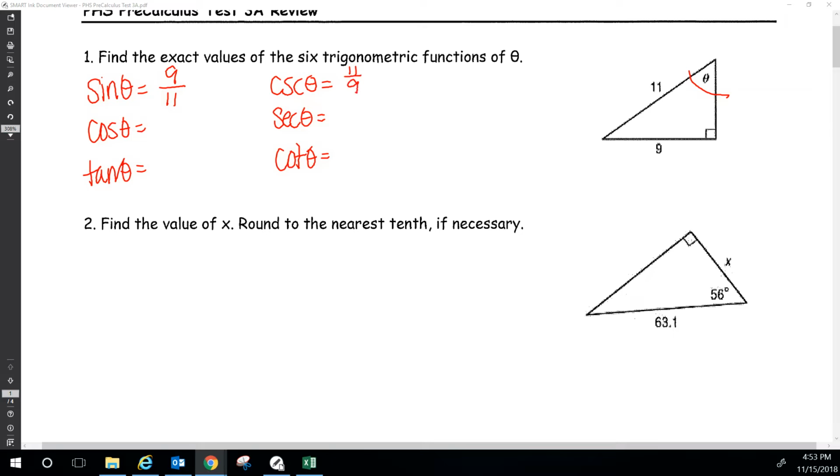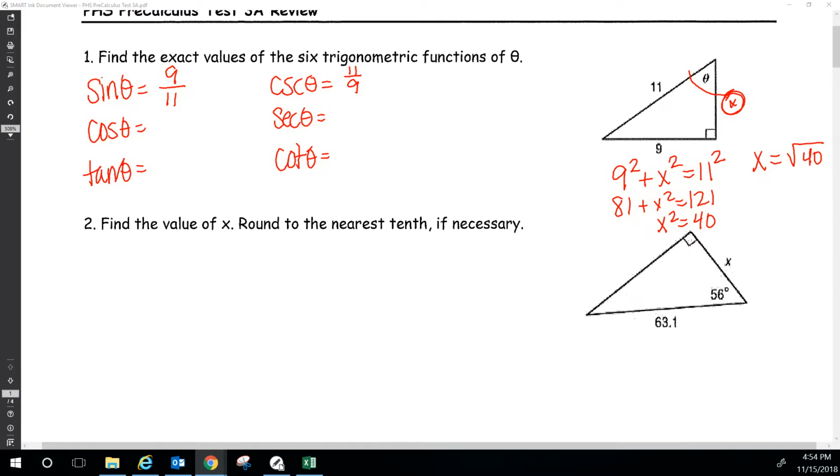For cosine theta, we've got to figure out what is the adjacent side. So we know 9 squared plus whatever this guy is, let's call it x for a minute, x squared is equal to 11 squared. 9 squared is 81, plus x squared is equal to 121, which means x squared is equal to 40, and so x is equal to the square root of 40.